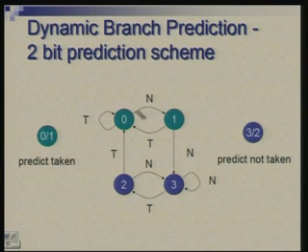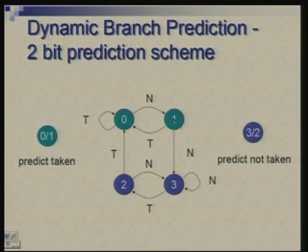Okay. So, n means branch is not taken, t means branch is taken. Now, these arcs indicate how you transition between states. The label on the arc indicates what the actual outcome was, and based on the actual outcome you go to some next state.